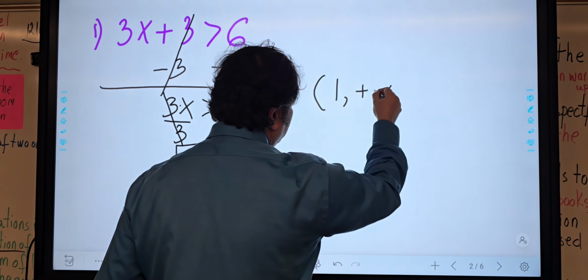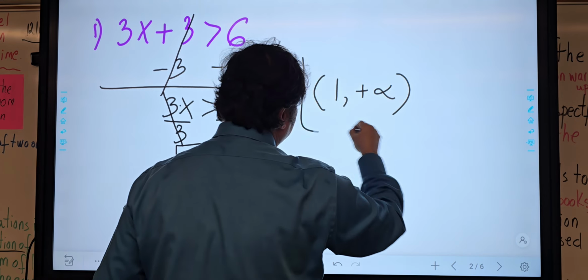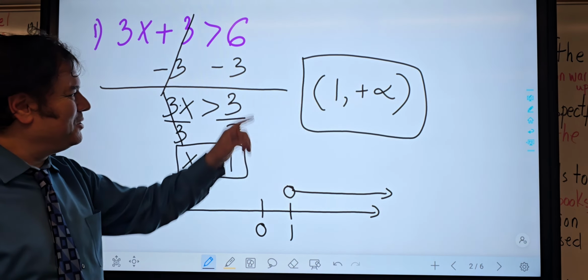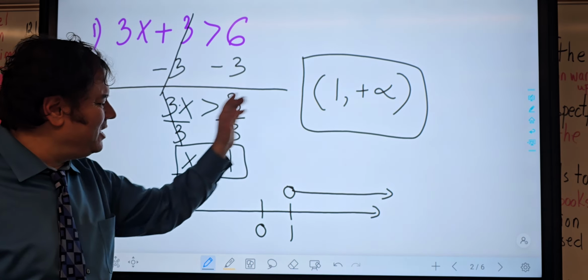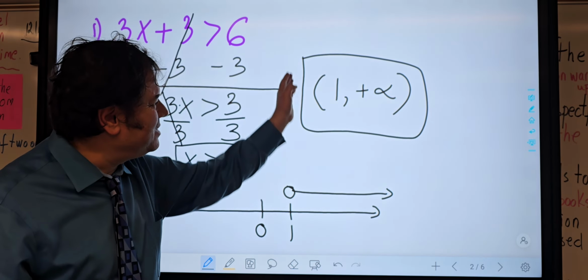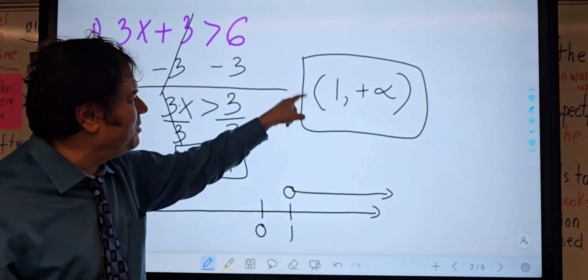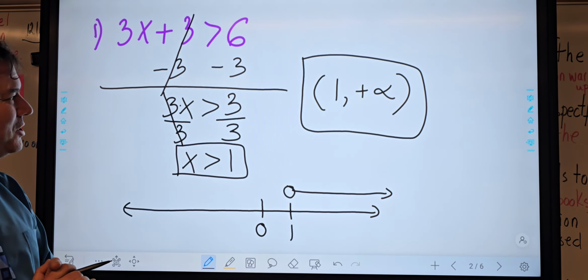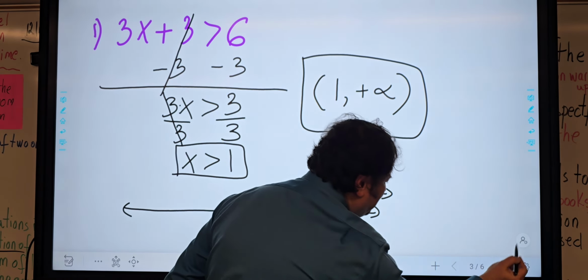That's called interval notation: 1, positive infinity, and since this is an open dot, we use a parenthesis. Not very challenging.